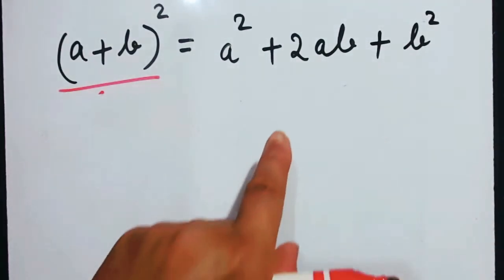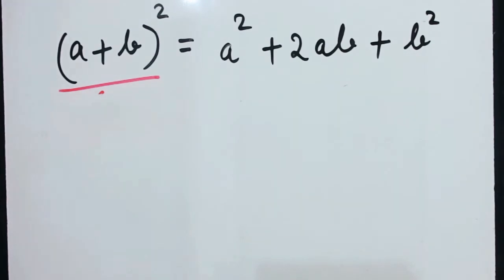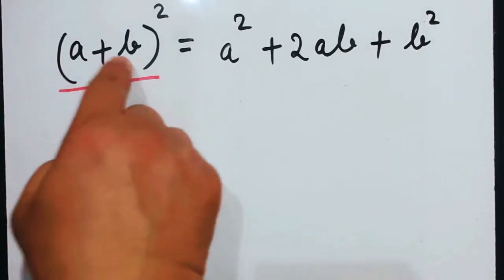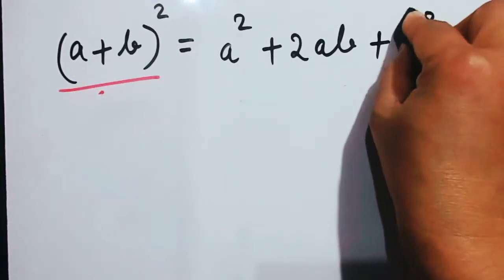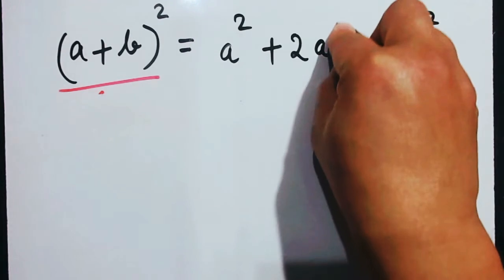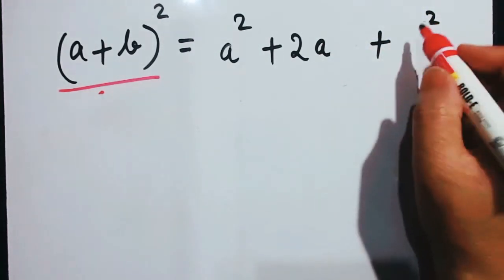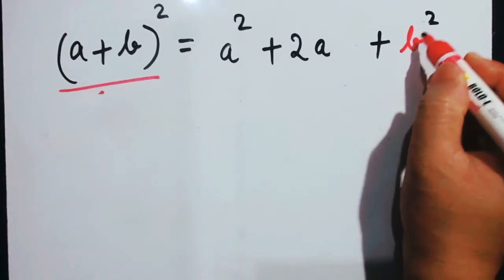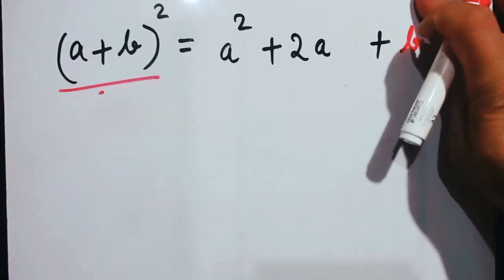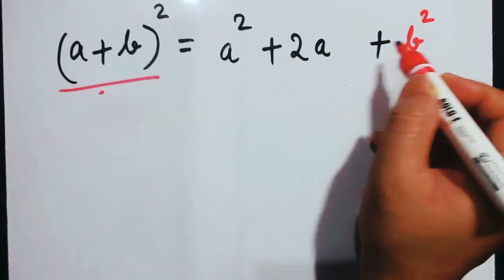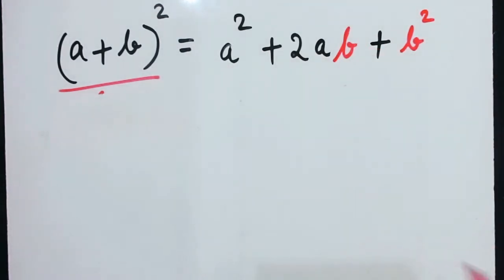Now let us have a closer look at this. What does this symbolize? It symbolizes that when we break a plus b whole square, we find that over here it was b square, and from this b, one b is taken over here.